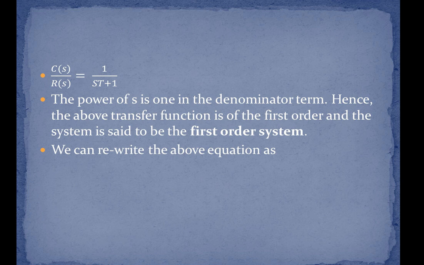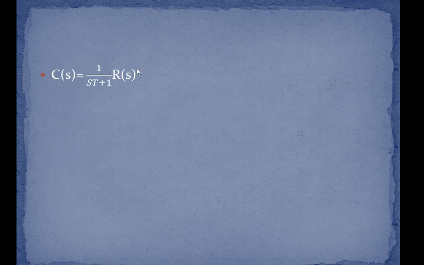We can rewrite the above equation. I am taking this R of s to the right hand side. Then C of s becomes 1 by s tau plus 1 into R of s.